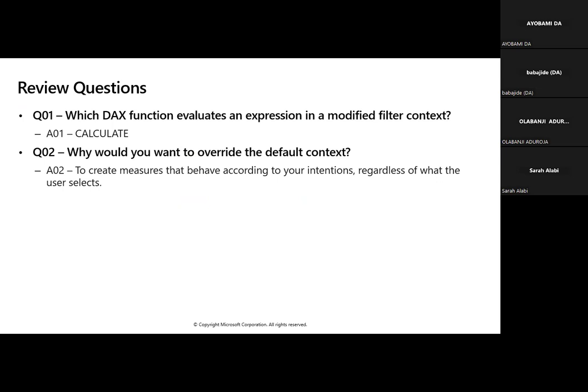Why will you want to override the default context? To create measures that behave according to your intentions, irrespective of whatever the user selects. In a normal measure, whatever you are selecting is what determines the information it's showing you. But when you have CALCULATE with a filter, irrespective of what you select, this is what I want to see.